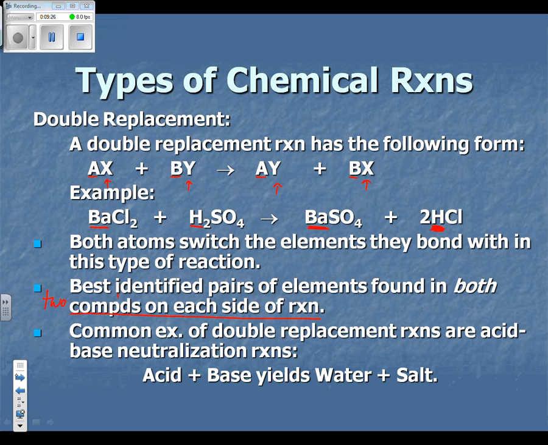Another type of reaction that is a subset of double replacement is acid-base neutralization. And here we have an acid plus a base yields always a water and a salt, not necessarily table salt.